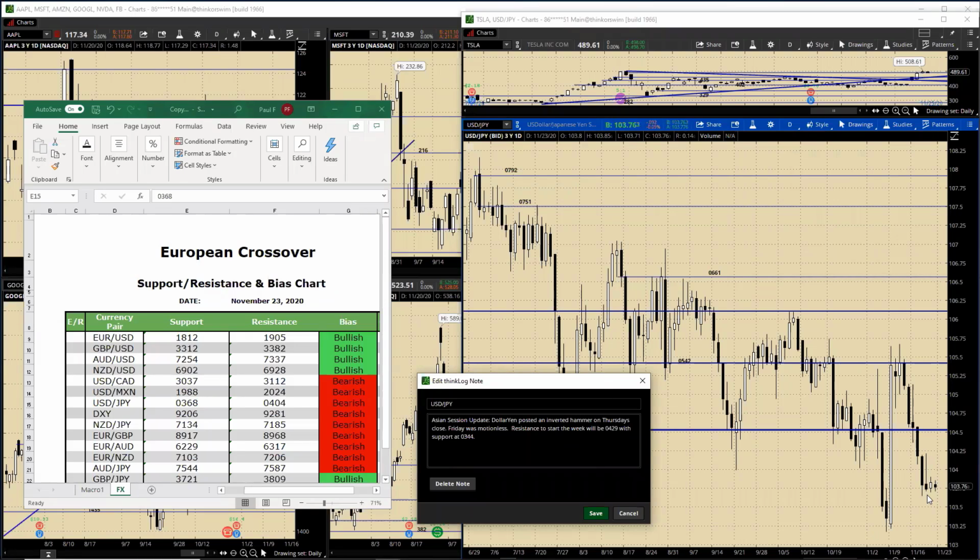You can see right here on Thursday. Friday was motionless. We didn't go anywhere. Seeing the same thing today, but of course, remember Japanese bank holiday. Resistance to start the week will be 429 with support at 344.